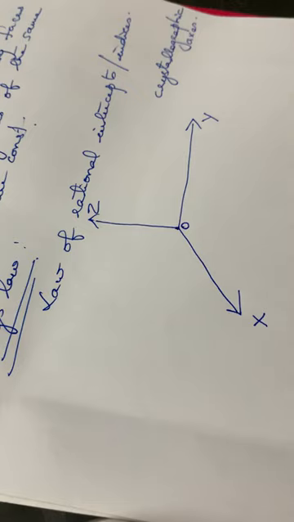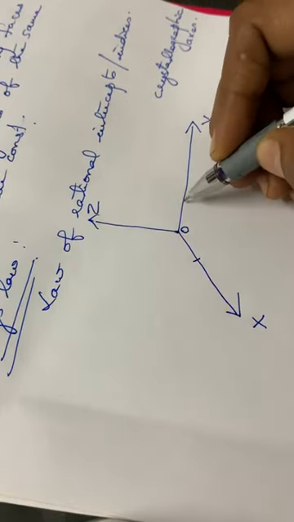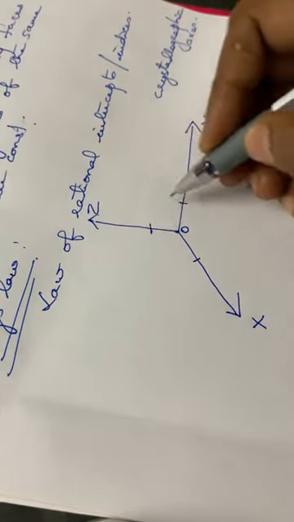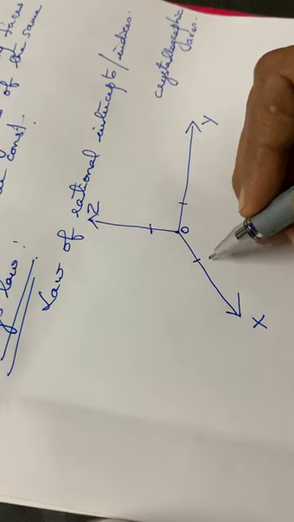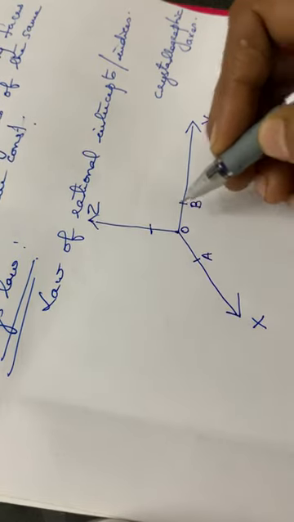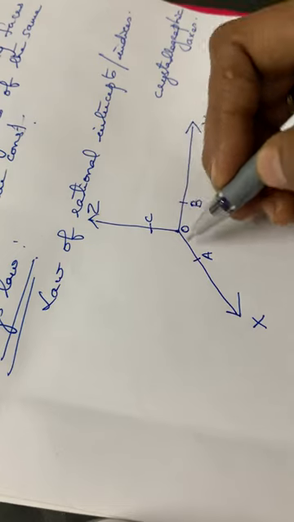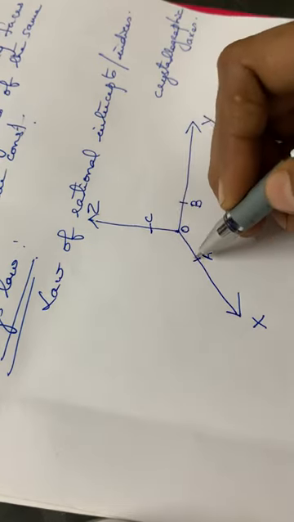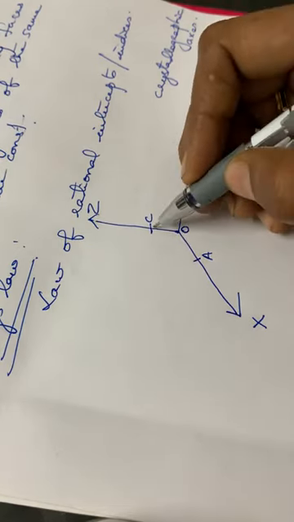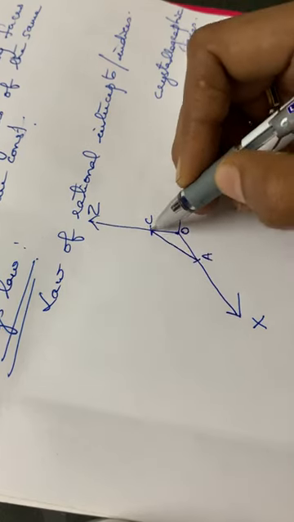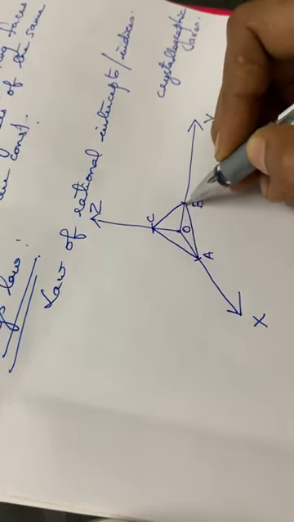And let us consider we can draw three unit intercepts. Suppose these are the three unit intercepts that cut these three axes. Let them be capital letters A, B and C. So these three are the unit intercepts which cut the axes. We can join A, B and C like this.